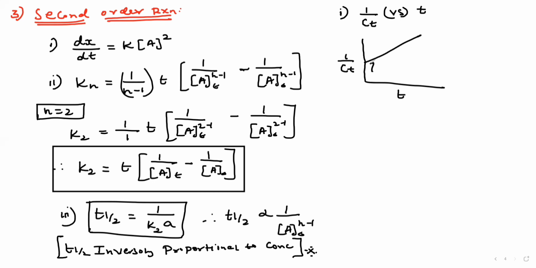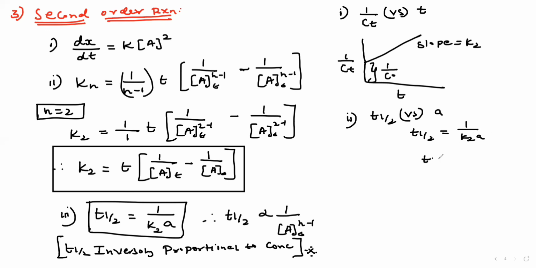Here 1 by C0 is the intercept and the slope is equal to K2. The second graph is t½ versus concentration. The t½ is equal to 1 by K2A, so we can write t½ into A is equal to 1 by K2.